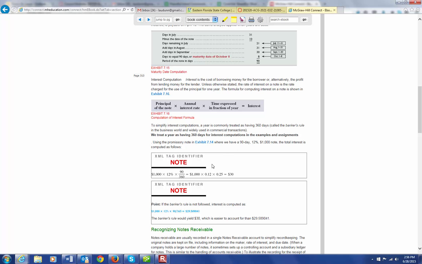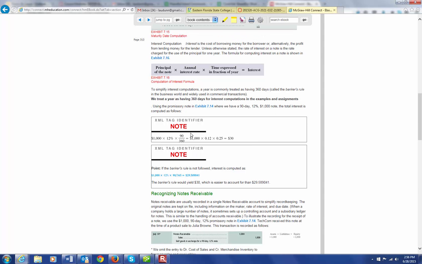This is called the banker's rule. And you have to know if you're using a 365-day year or a 360-day year. So whenever you're looking at a problem, make sure that you pay attention to what is actually being used. If we use the banker's rule in this case, we'd have $1,000 times 12%, and it's only 90 days, so it's 90 over 360 because we're using a 360-day year.